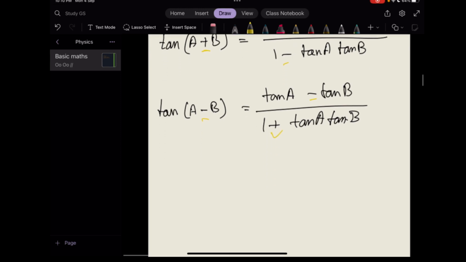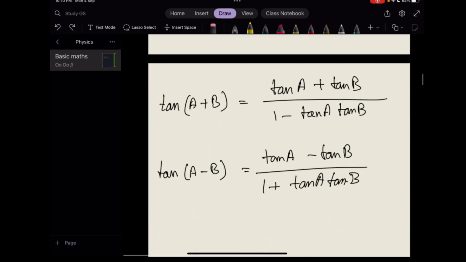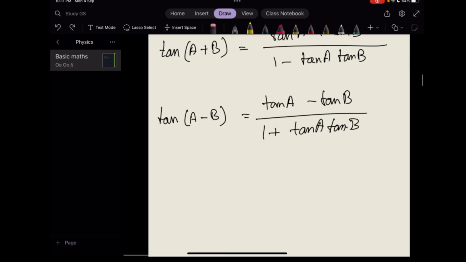Whatever sign you have in the numerator, put the same sign. Whatever sign you have here, put the opposite sign in the denominator. So this is the simple trick you have to follow to remember this particular formula.